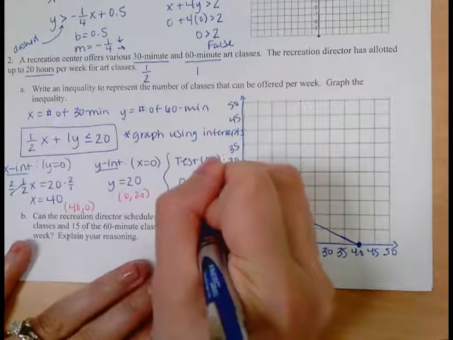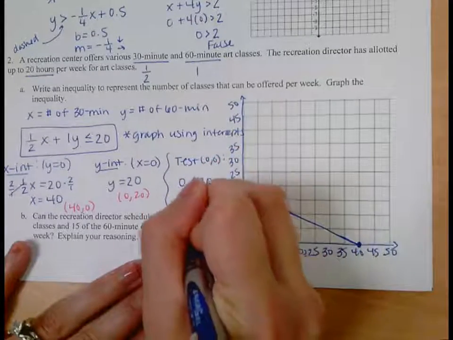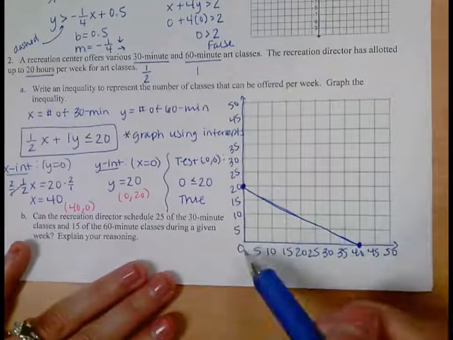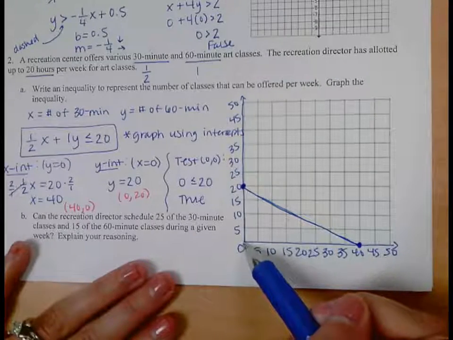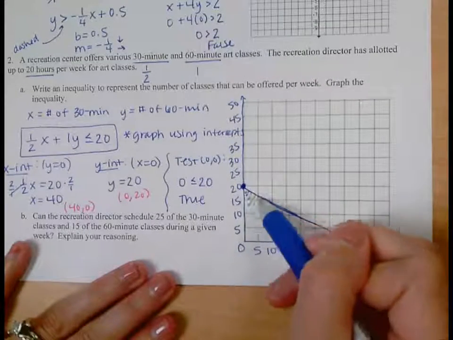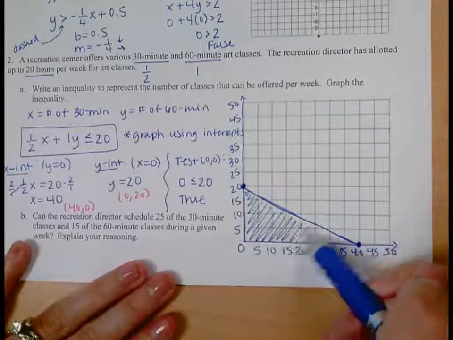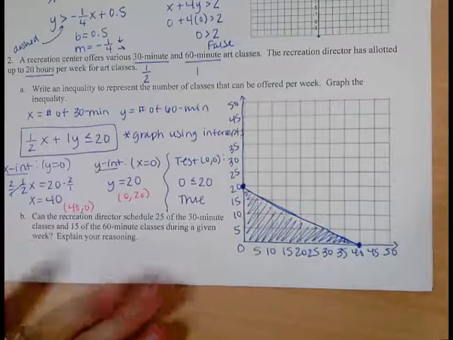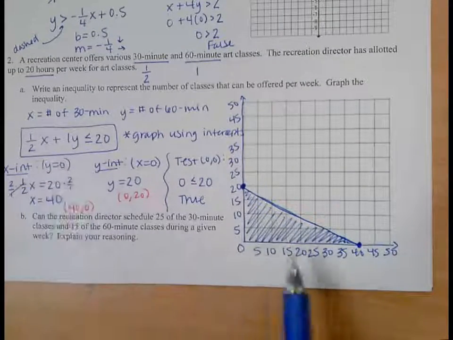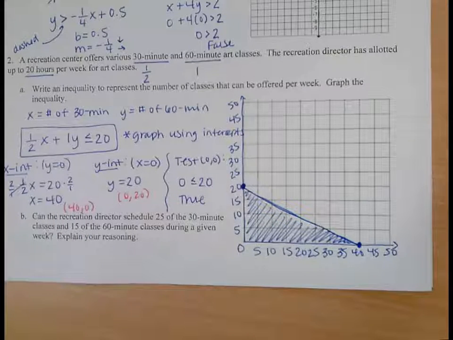So I would have 0 is less than or equal to 20, and that is true. So I want to shade towards 0, 0. So I would be shading in this triangle. And that would be the inequality and then the graph of the inequality to represent this situation.